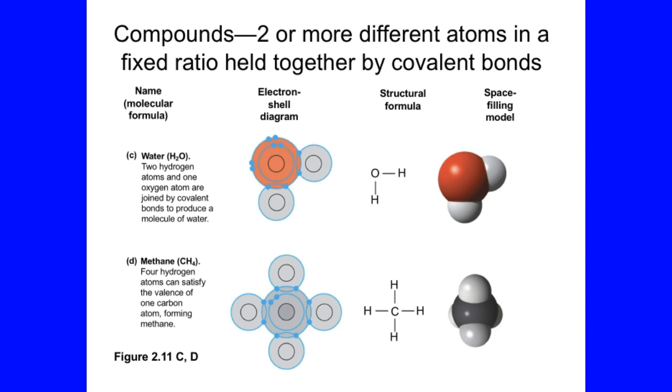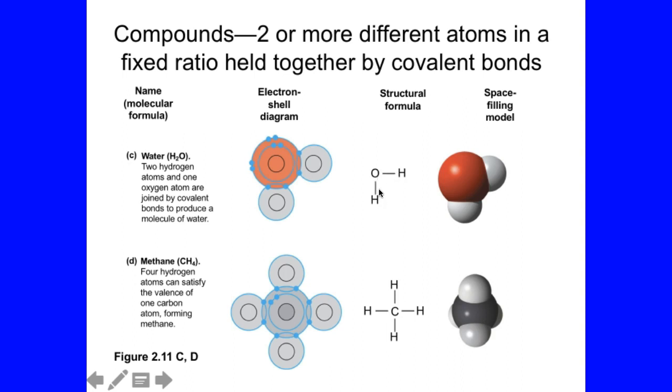Compounds, unlike molecules, are 2 or more different atoms in a fixed ratio held together by covalent bonds. So right here we have 2 different atoms. Here's hydrogen, here's oxygen, and that is our water molecule right here.